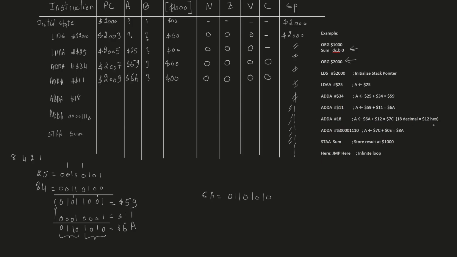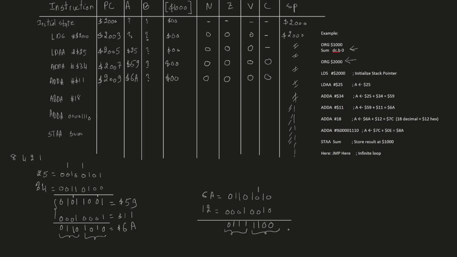18 in hexadecimal is 12. And then 12 in binary, the 1 is 0001, and then the 2 is 0010. So 0 plus 0 is 0. 1 plus 1 is 0 with carry 1. We have 1, 1, 1, 1, 1, and 0.